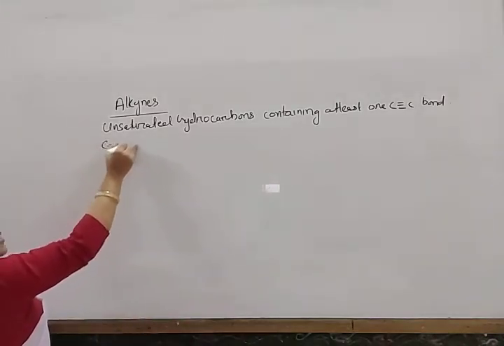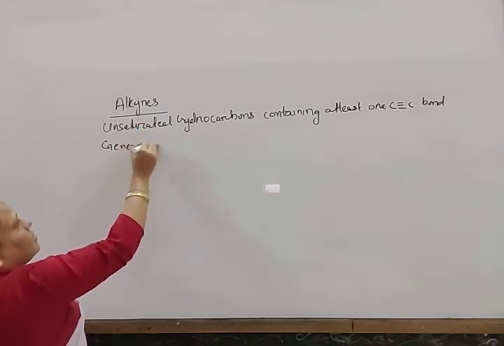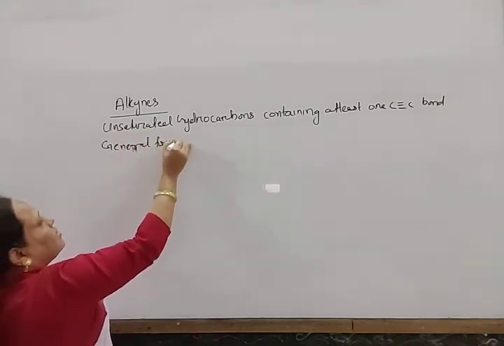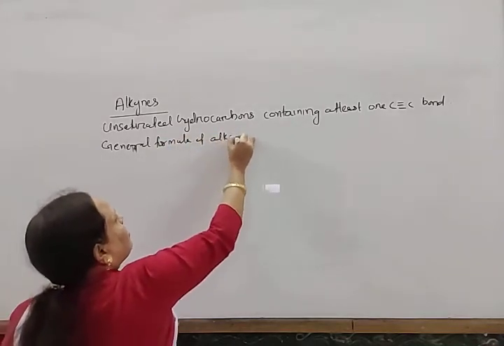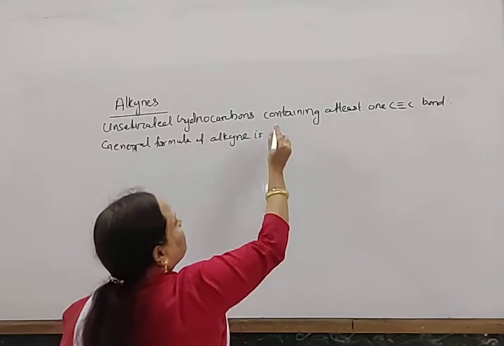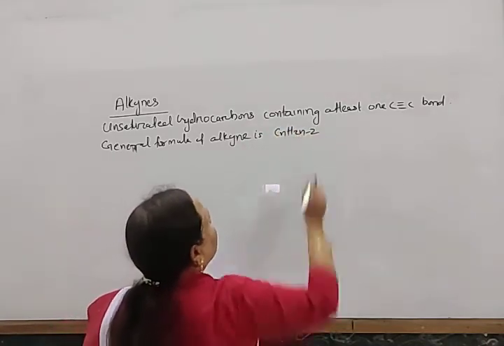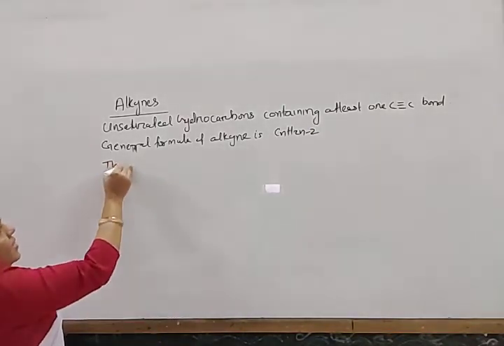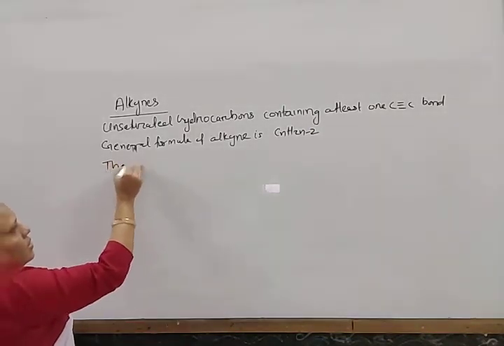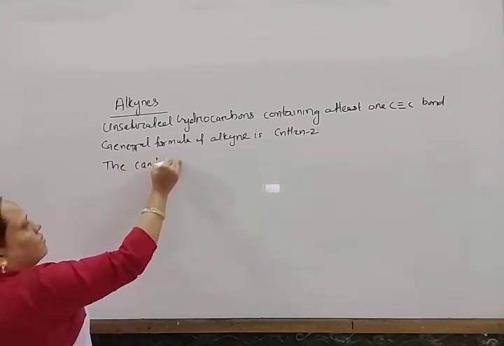General formula of alkyne: CnH2n minus 2.